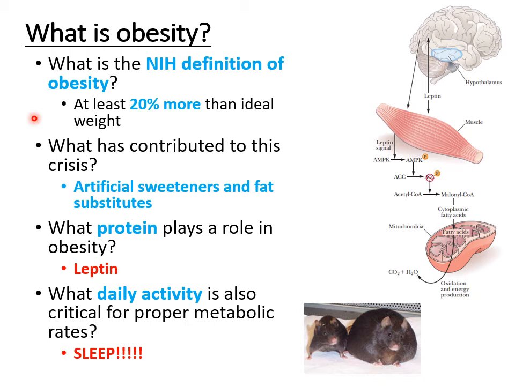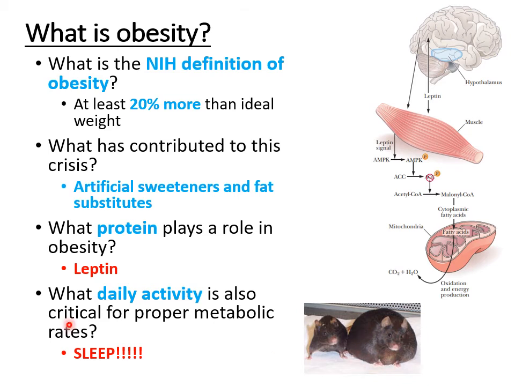Now, we mentioned previously a protein that plays a major role in obesity, and you can see that in the figure here. I always love the poor little leptin deficient mice. They end up obese. And so basically leptin plays a major role in appetite and appetite suppression. So basically, when there's a mutation in the leptin gene, as they do with these guys, and they make it so that the receptors can't bind leptin, you end up having mice with increased appetite and decreased activity.